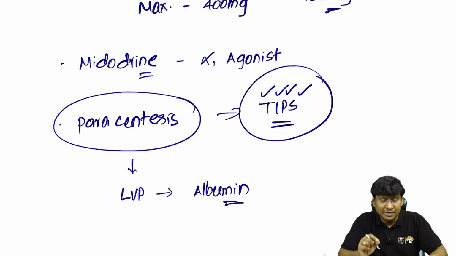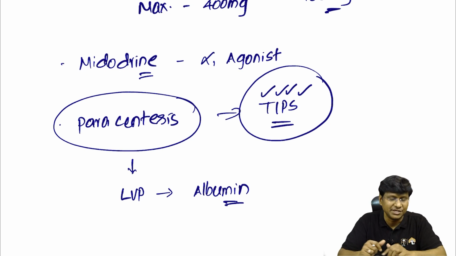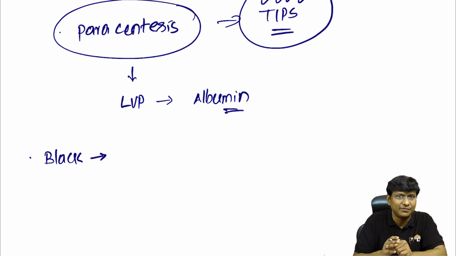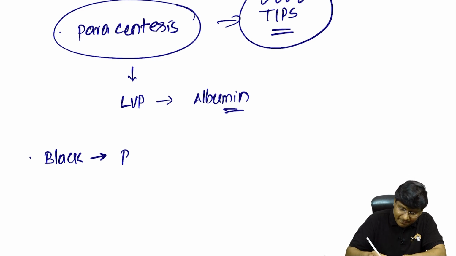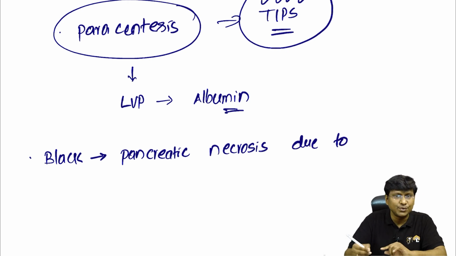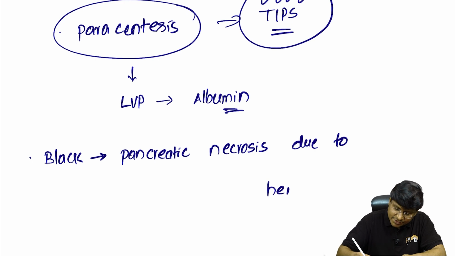Now, depending upon the abnormal constituents or the etiology, the color of the ascitic fluid can change. For example, what is that particular condition where you have black color ascitic fluid? Black color ascitic fluid is observed in pancreatic necrosis, due to hemorrhagic pancreatitis.